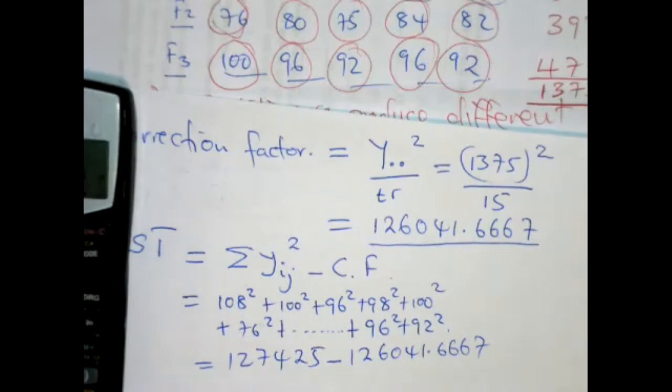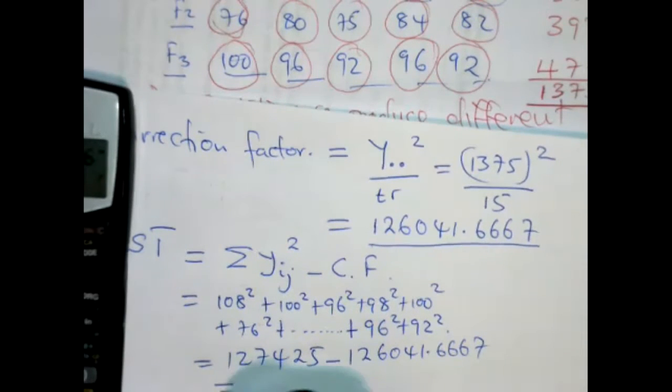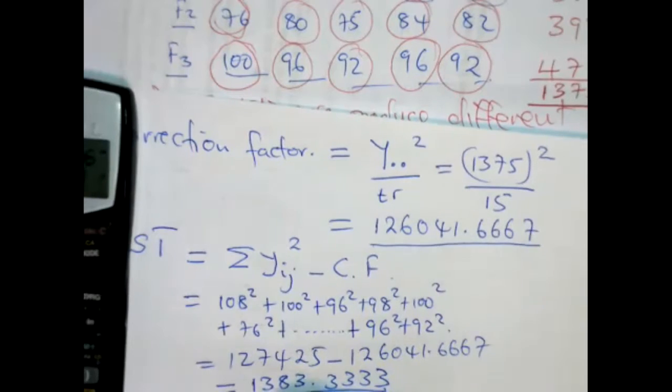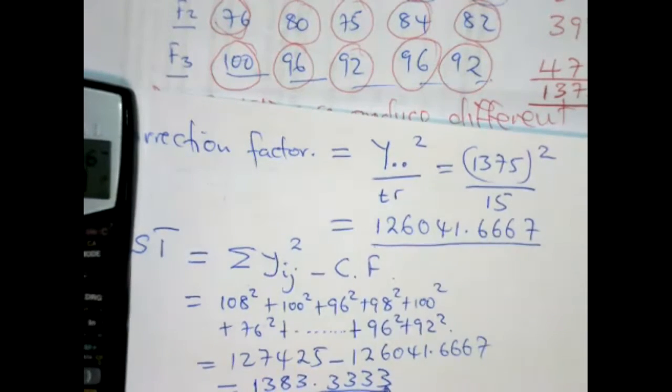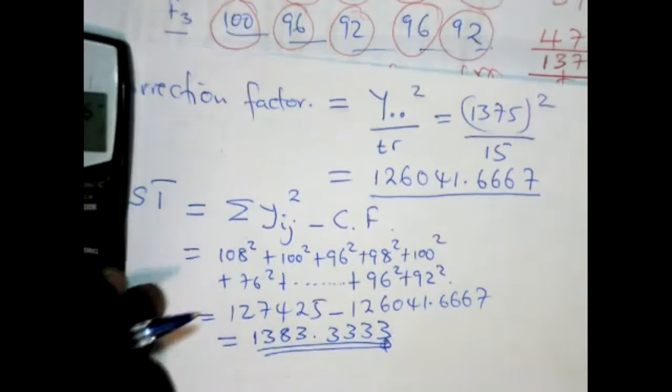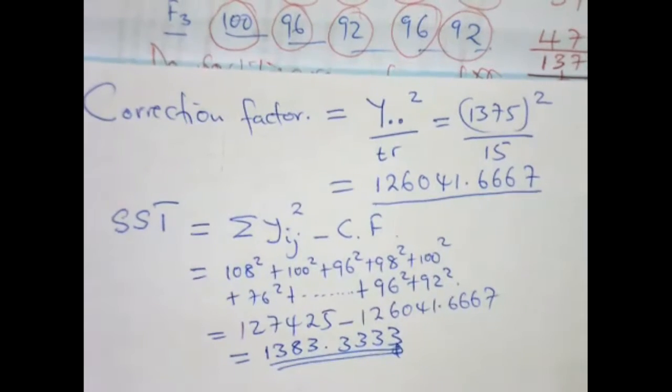I'm going to subtract 126041.6667. That gives me 1383.3333 as SS total.